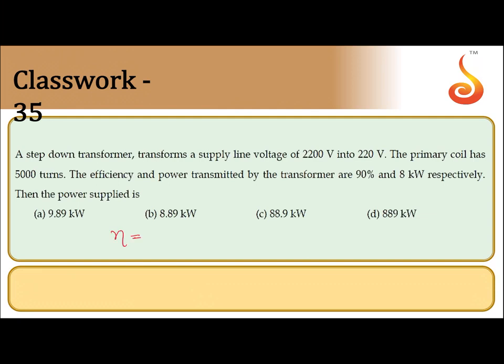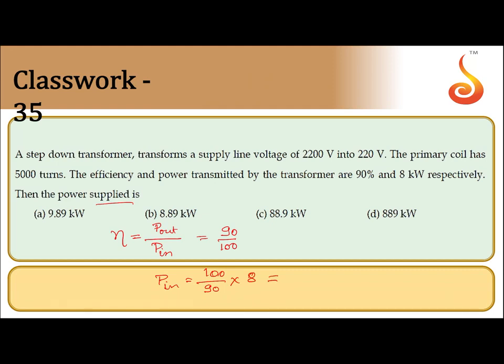So efficiency is power output divided by power input. This is given 90%. So that is 90 by 100. So power supplied, that is power input, is equal to 100 by 90 into power output, which is 8 kilowatt.